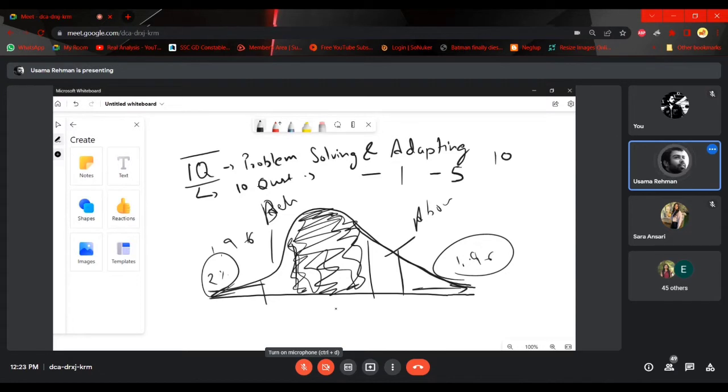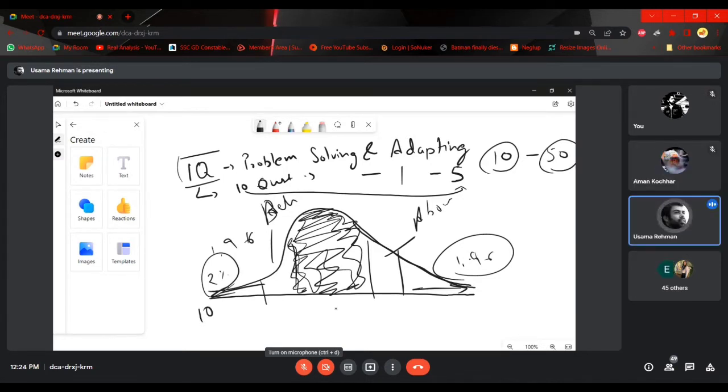Getting the point? Yes. And if someone scores 5 on every item, he'll get 50. So the range of marks which we will get from this particular test will be 10 to 50. Correct? Yes, sir. We can put 10 here and 50 here to understand.